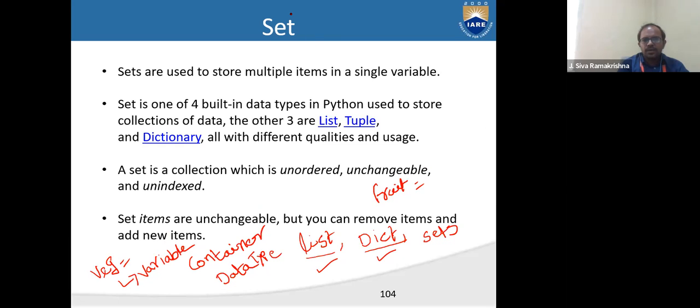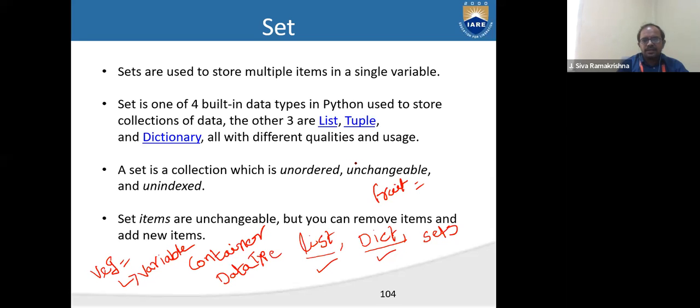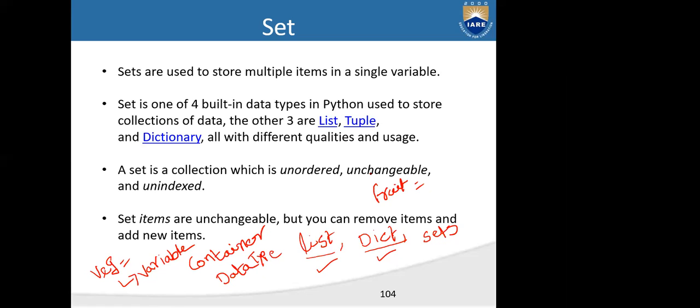So fruits may be apple, grapes, orange. So this is what the set consists of, right? So again, similar to any other container data type, sets also consist of or store some elements in a single variable, right?